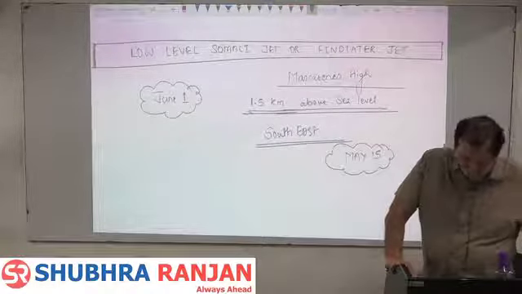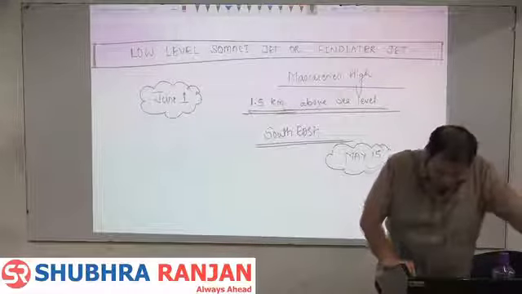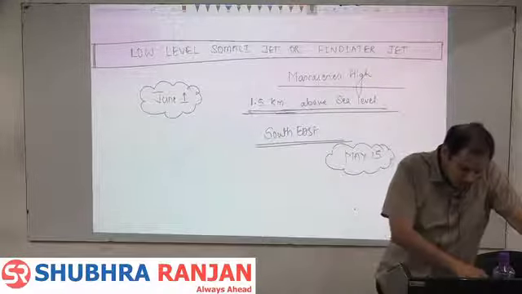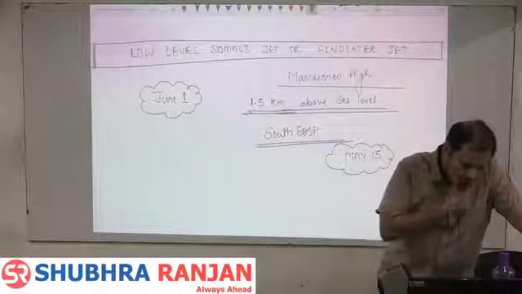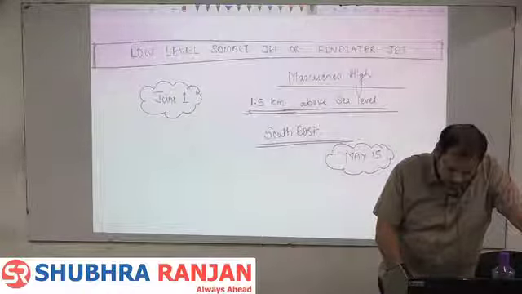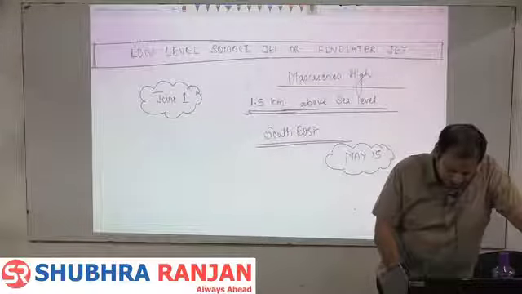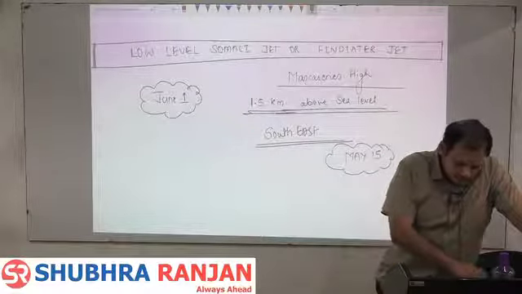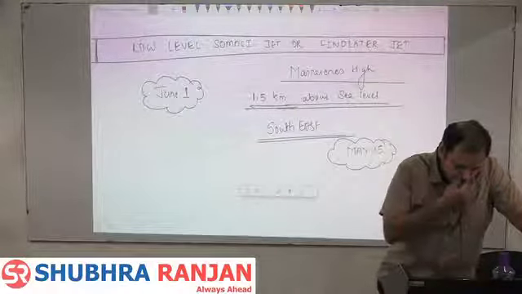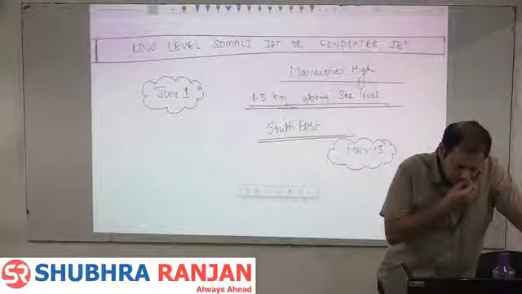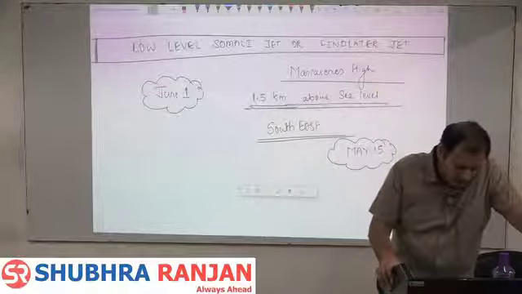Next point. The Somali jet stream splits into two branches at the western coast of India, as the Bay of Bengal branch and the Arabian Sea branch.